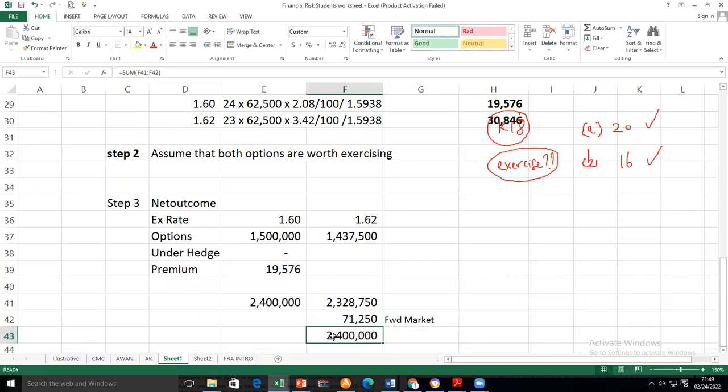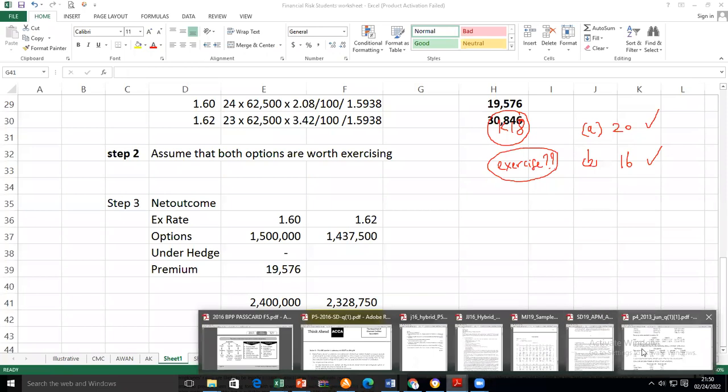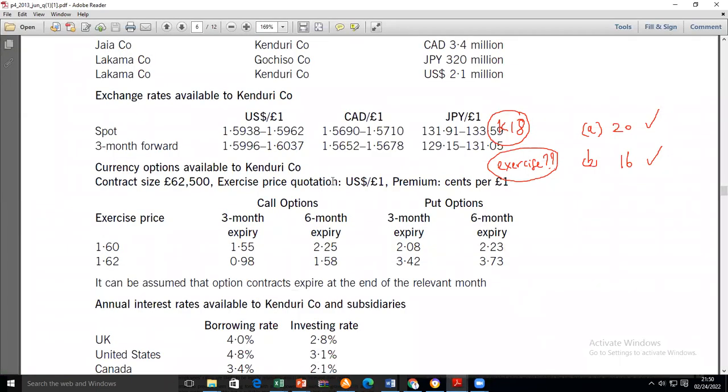So let's hedge this on the forward market. Forward market, what is the price? We'll come here. The same concept.